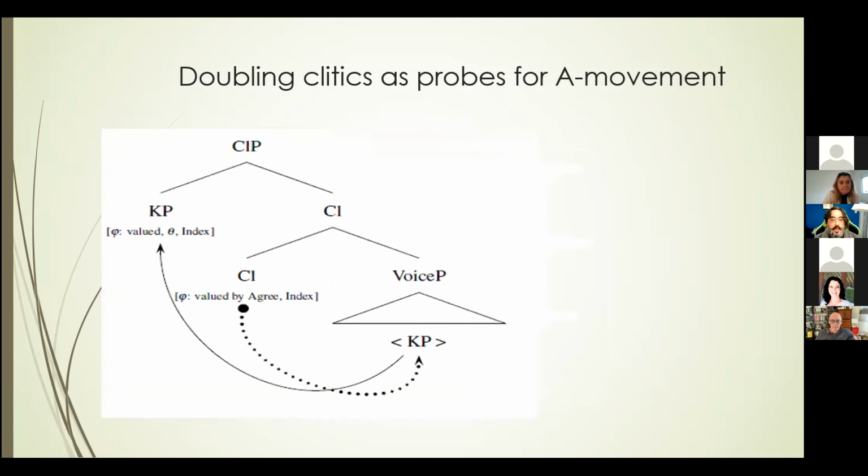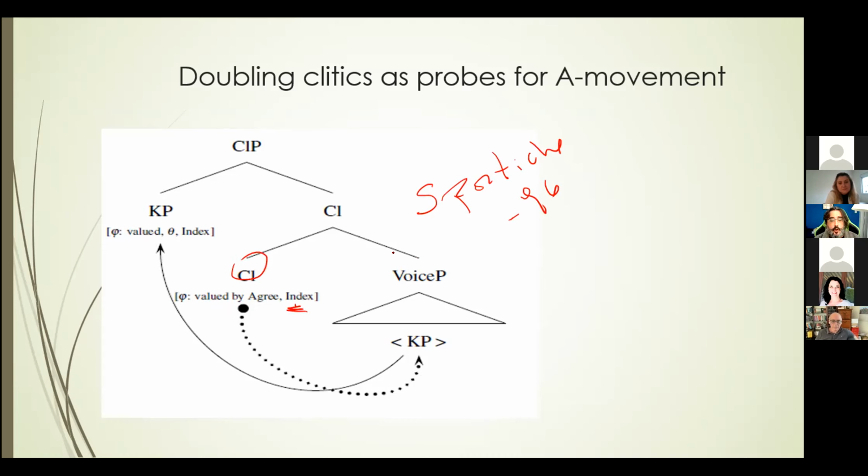This is exactly what happens with the clitic. This is a clitic in non-argument position, very similar to the original position in Sportiche, according to whom there are clitic positions in syntax. The clitic here has phi features, valued by Agree, and then it has the index.